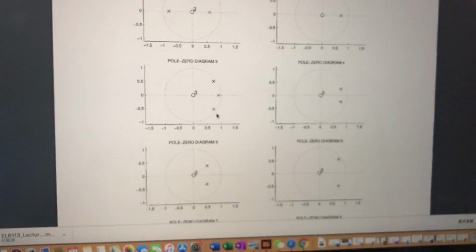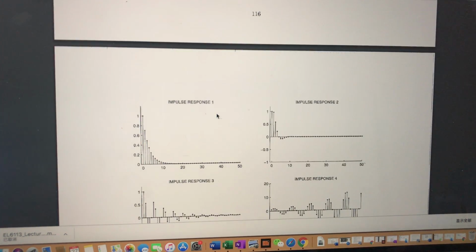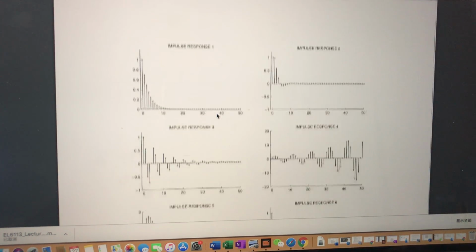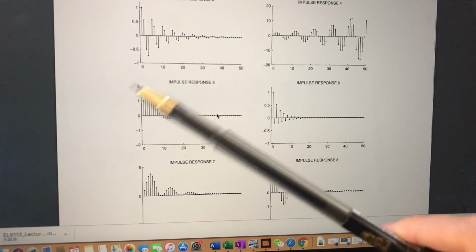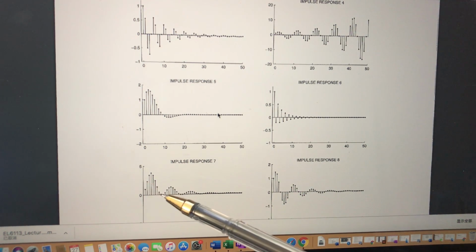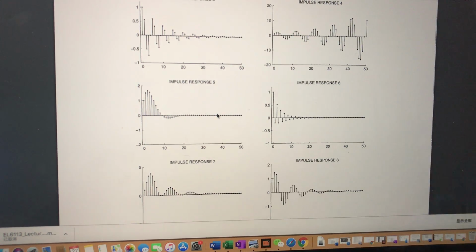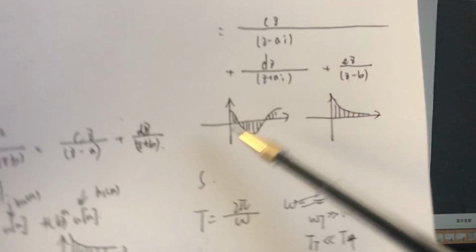So let's try to find the matching diagram, which is this one. We could see that all the positive points are much higher, bigger than 1, and the negative points become positive, and it converges to 0, because this diagram converges.